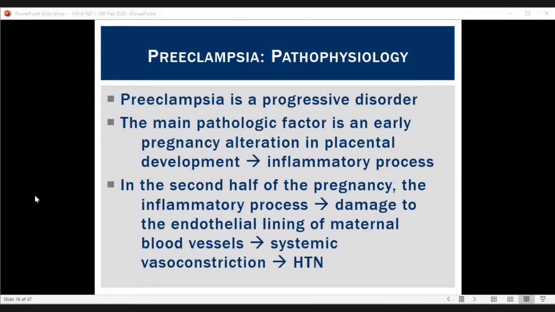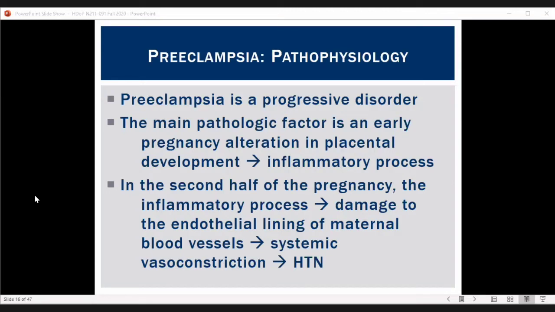That causes an inflammatory response, and there's an alteration in the way the blood vessels are formed. There are no signs and symptoms at that point. So it's early in the pregnancy. You don't see anything, you don't know anything is going on, but basically the damage has been done.